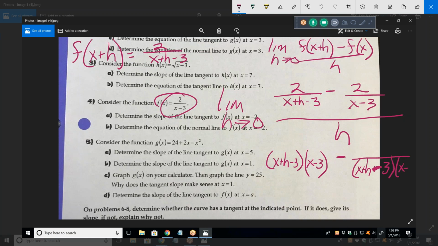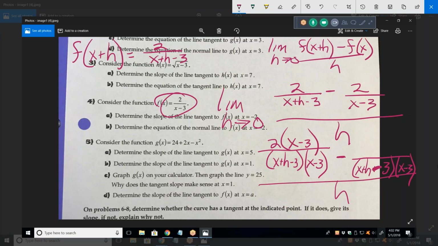And you'll find out, as in all of these, that whatever is in the numerator, anything without an h in it is going to disappear. So first of all, what goes right here in the top left? It's 2 times x plus h minus 3 times x minus 3. Actually, hold on.